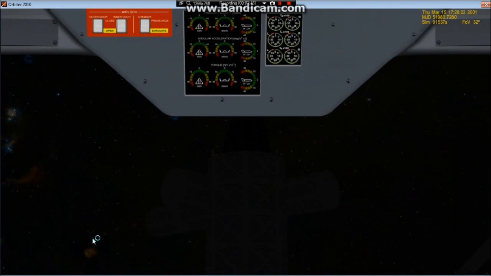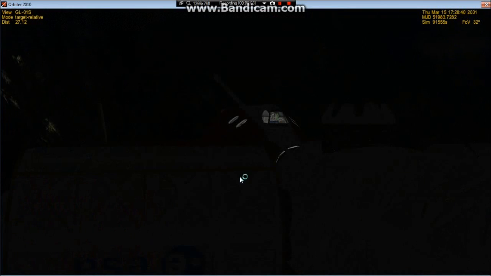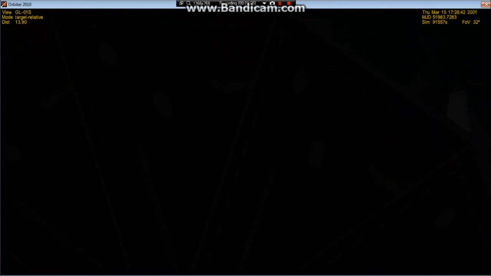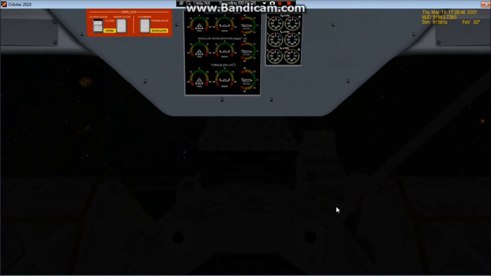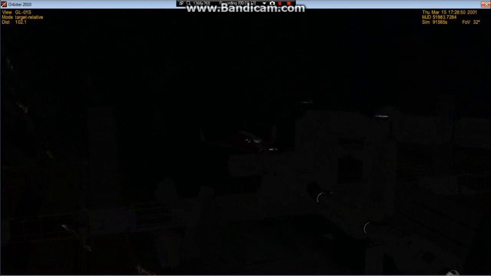And we're going to open the airlock now. That's the last step. So we're going to open the outer door. This particular version of the ISS does not simulate the inside airlock, so we would have just assumed that they've opened their airlock. So we're going to open the outer door of our airlock, which you can see if I go in between the model here. You can now see our airlock door is opening. Outer door open.